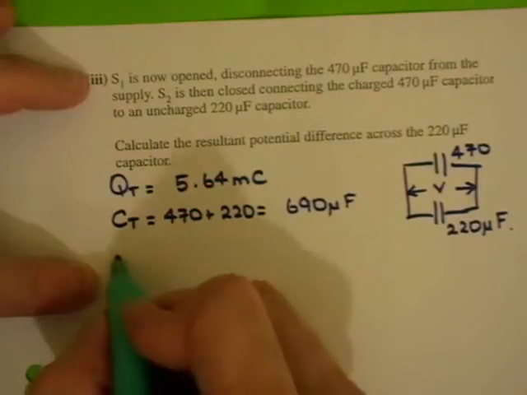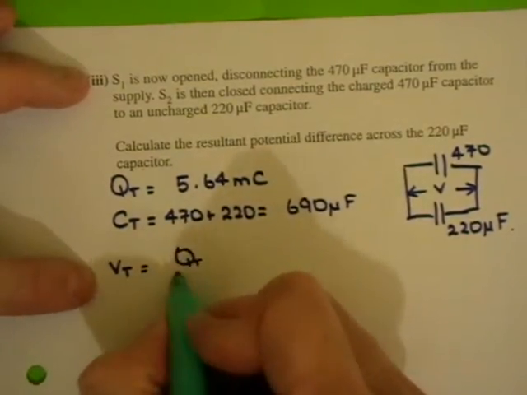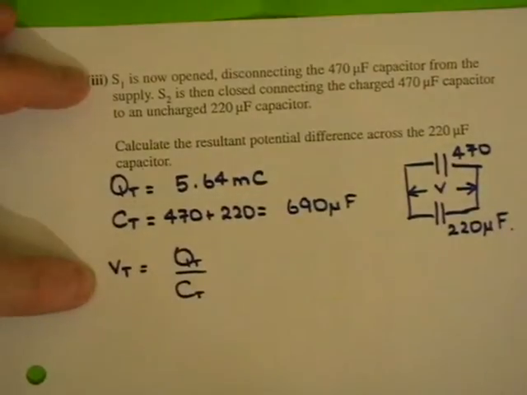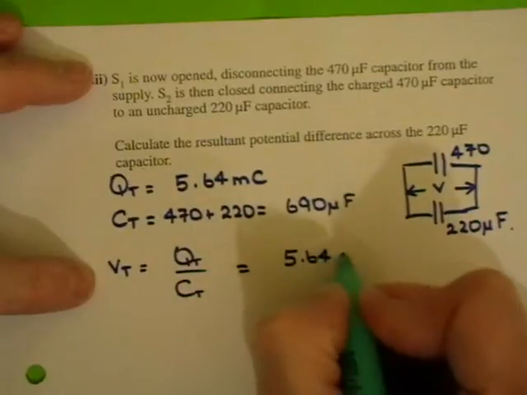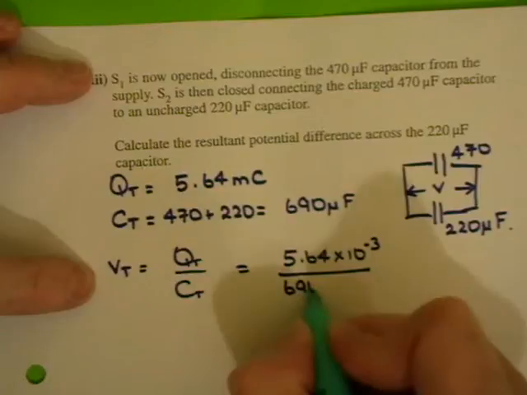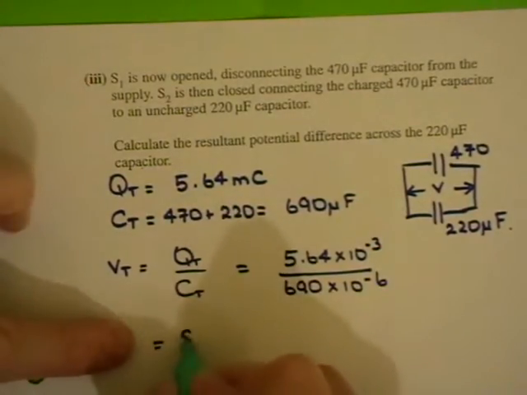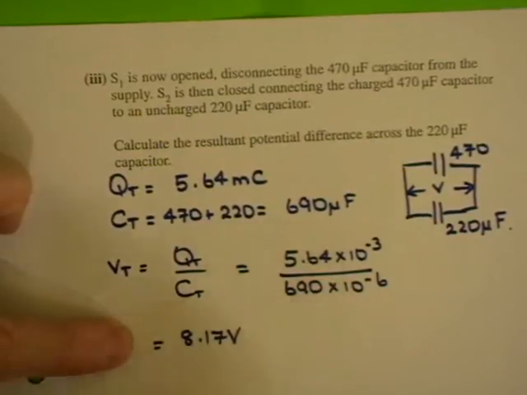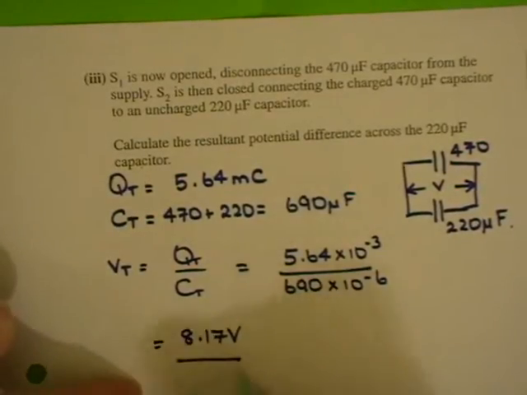To find the total voltage, all you have to do is divide Q by C. So Q is equal to 5.64 by 10 to the minus 3, divided by 690 by 10 to the minus 6. And that answer comes out as 8.17 volts. Now you know it was initially charged to a 12 volt battery, so that's right that it should go down like that, 8.17 volts.